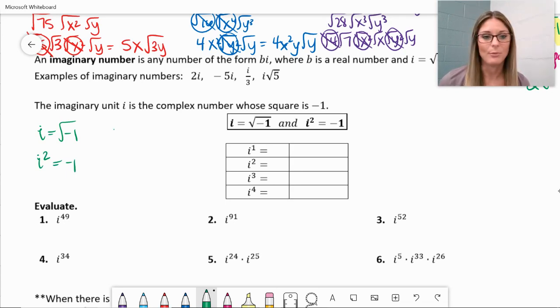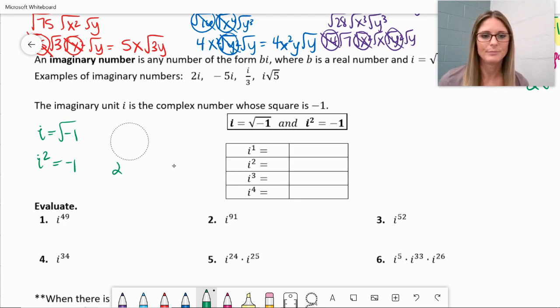Let me give you an example that you do know. 2 is equal to the square root of 4, right? If I take 2 and I square it, that is just 4. Do you see how that works? If i is equal to the square root of -1, when I square it, it's just equal to -1. That's what that sentence is saying at the top.